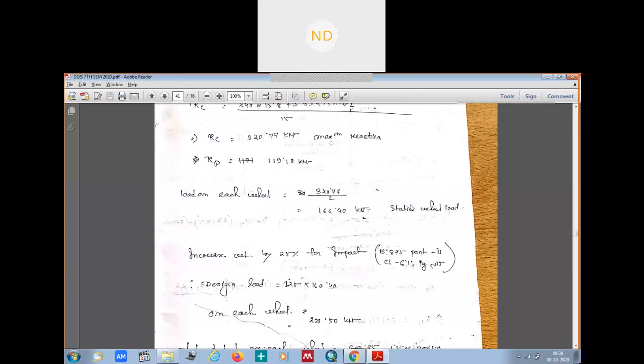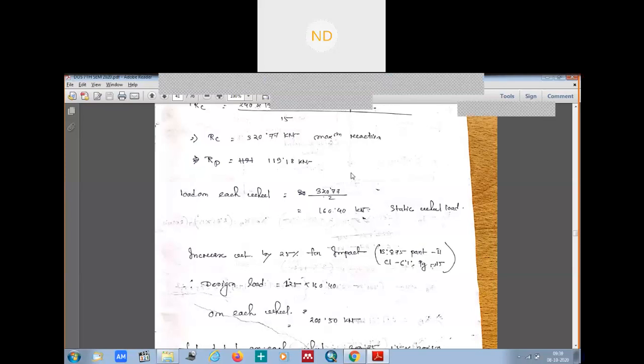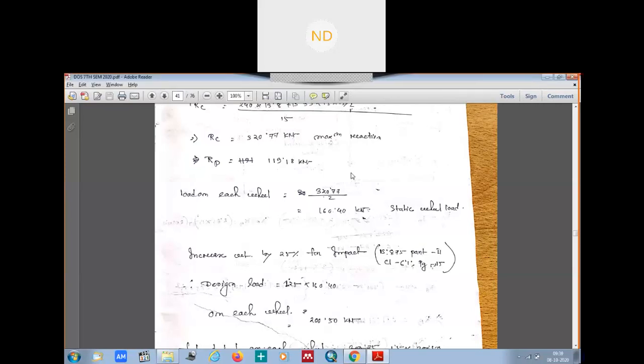Why do we need to know this static wheel load term? Because when we add the increase for impact, I told you about the different loads acting other than the self weights, the vertical loads. Other than the vertical loads, we have some different loads due to which, according to IS code, impact is allowed or taken.